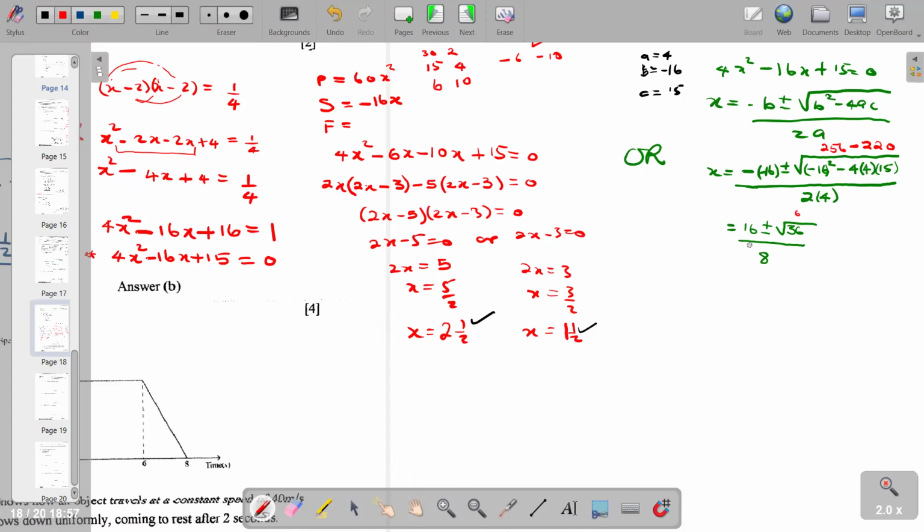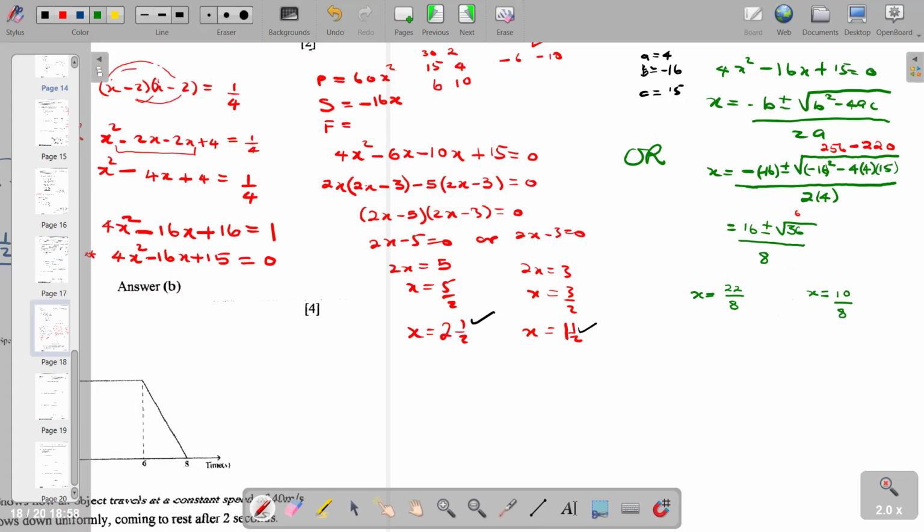So 16 plus 6, which is 22, over 8, or x is equal to, is this supposed to be 22? Or 10 over 8? Let's check properly.